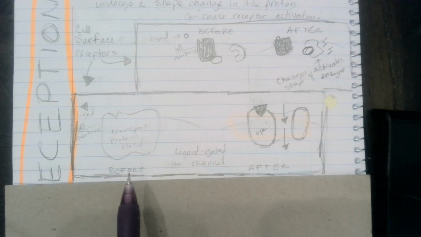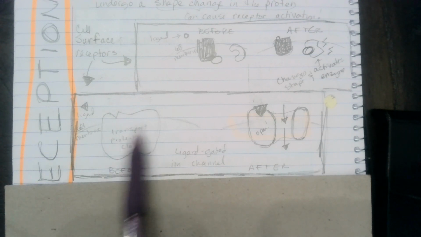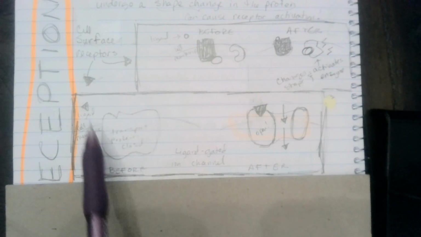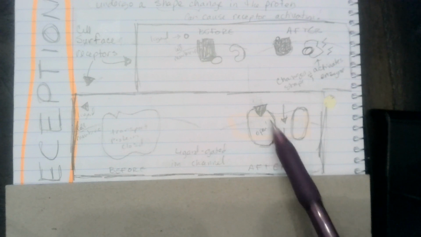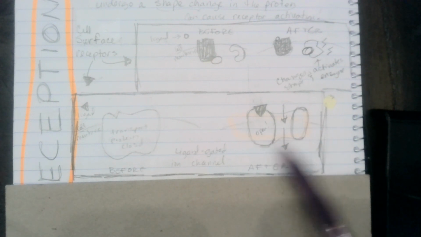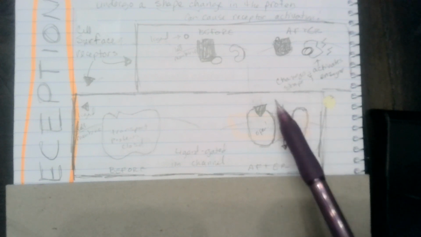Before, the transport protein is closed. It has a receptor for the ligand, but nothing can move in or out. Once that ligand bonds to the receptor, the same embedded transport protein is now open. Because it's open, molecules can move along their concentration gradient, from higher concentration to lower concentration, into the cell.